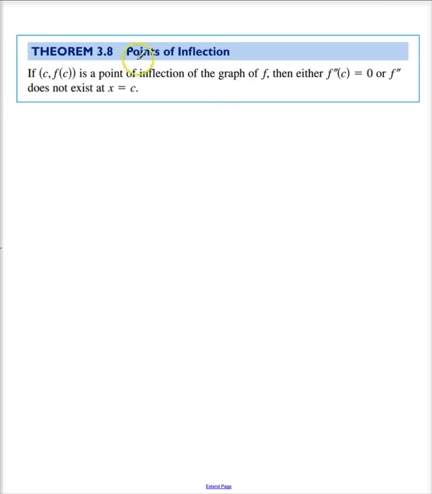Now, a point of inflection is defined to be a point where either the second derivative is 0 or the second derivative does not exist, and where the second derivative goes from positive to negative or negative to positive. So you need to check the following things. You need to find where the second derivative is 0 or where it does not exist.